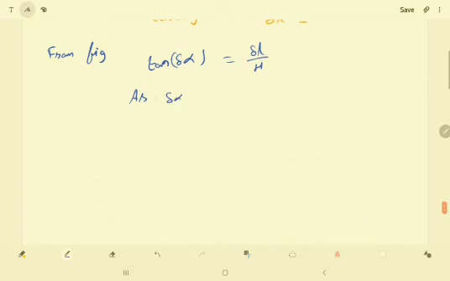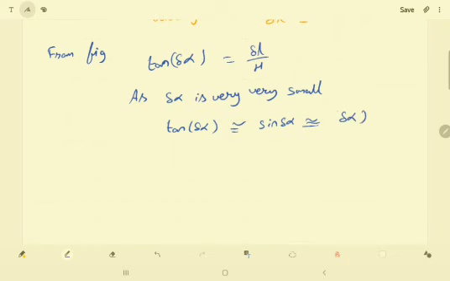As delta alpha is very small, tan of delta alpha tends to sine of delta alpha tends to delta alpha.